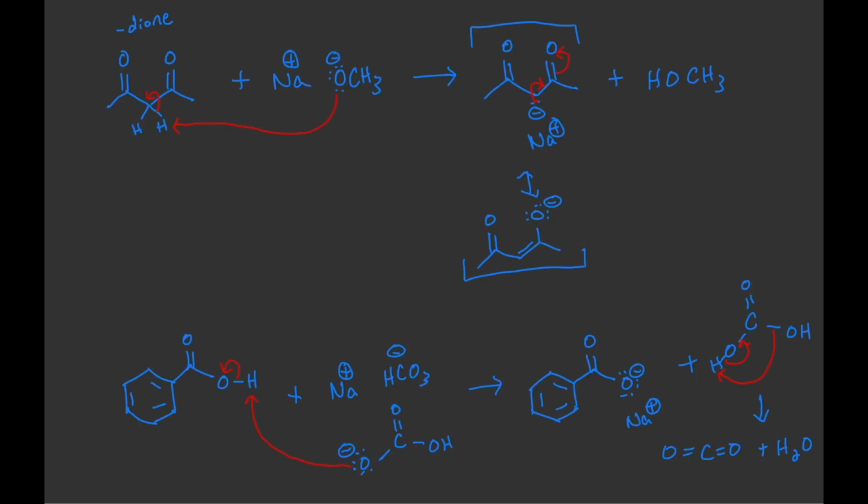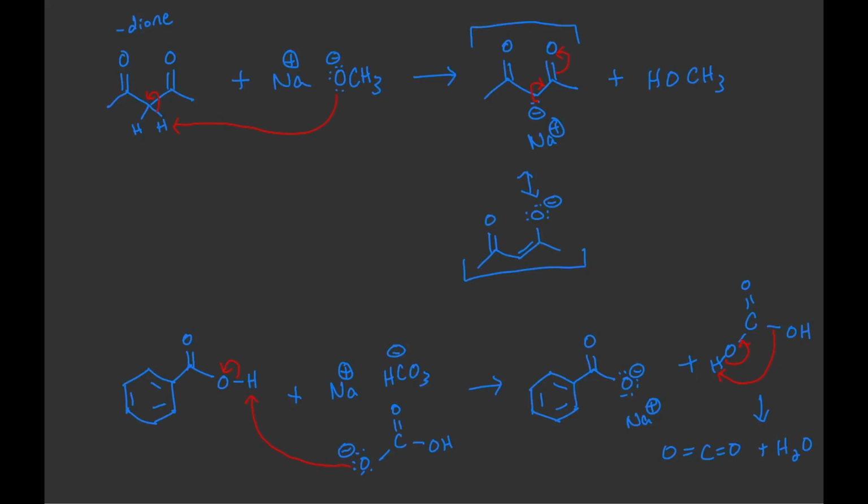So those are some of the most common mechanisms that you will see with organic acid-base chemistry. You can use these mechanisms to be applied to all types of different reactions, as long as you understand that the base is deprotonating and you're getting your conjugate base, which is the negative form of your acid, and then some new neutral species after your base has been protonated.